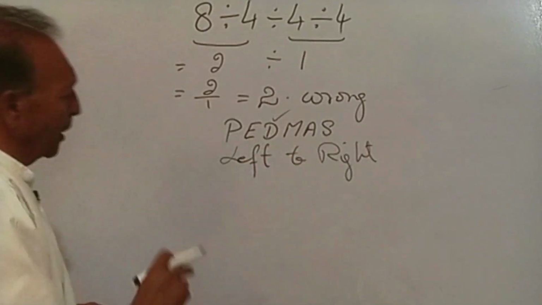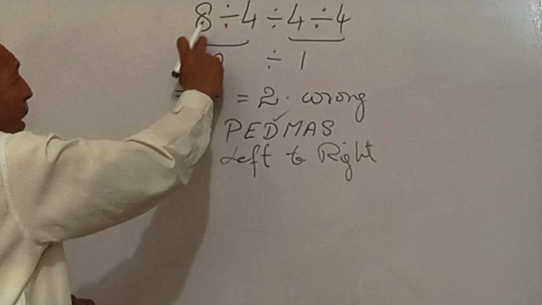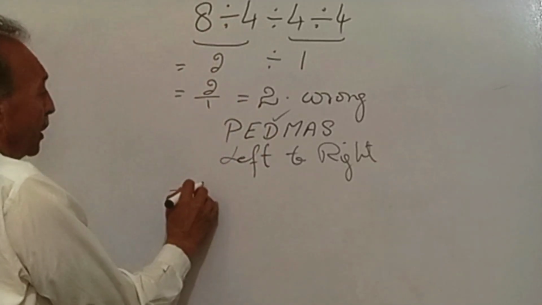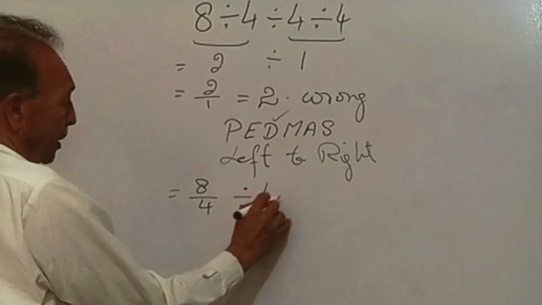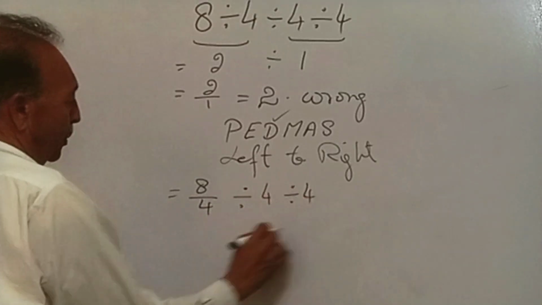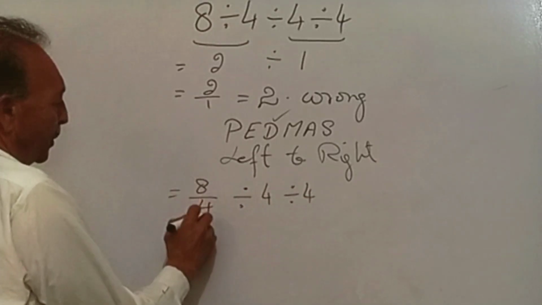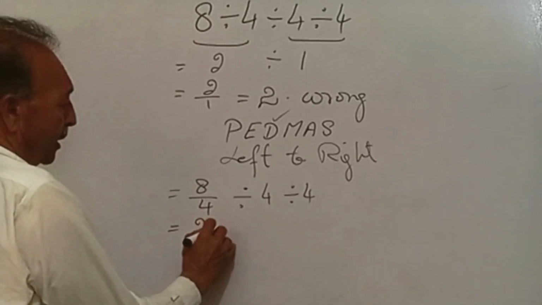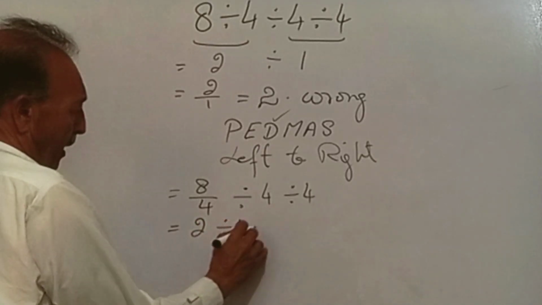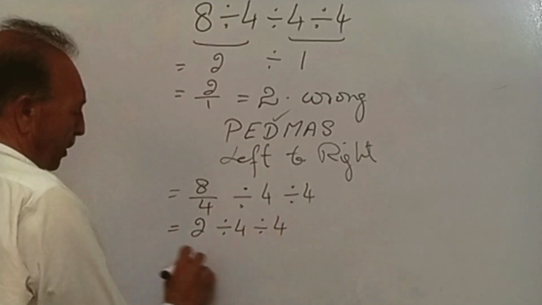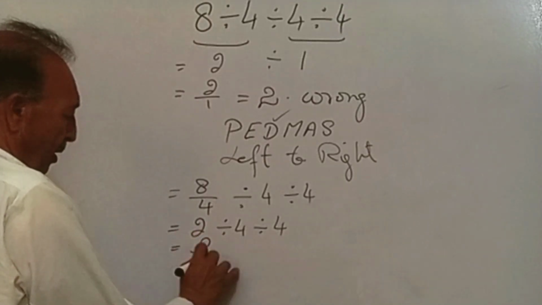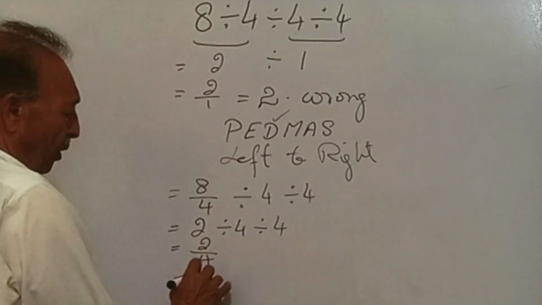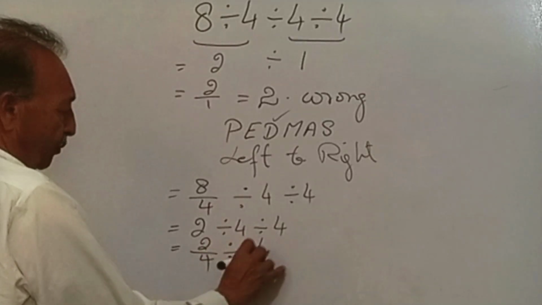Anyway, if you operate from left to right, we will see 8 divided by 4 divided by 4 and then divided by 4. And this comes 8 divided by 4, 2, and divided by 4 and then divided by 4. And this comes 2 divided by 4, 2 over 4, and divided by this 4.